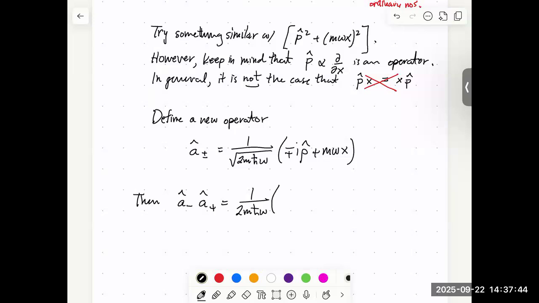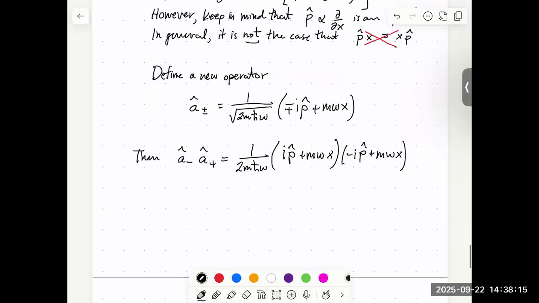The plus operator is the one that has the minus sign in front of the i p hat. We'll see why we did that again in a moment. And then the minus one has the plus sign. So we'll start with the i p hat plus m omega x, and then we have minus i p hat plus m omega x. And all we're going to do is expand this product and see what happens.